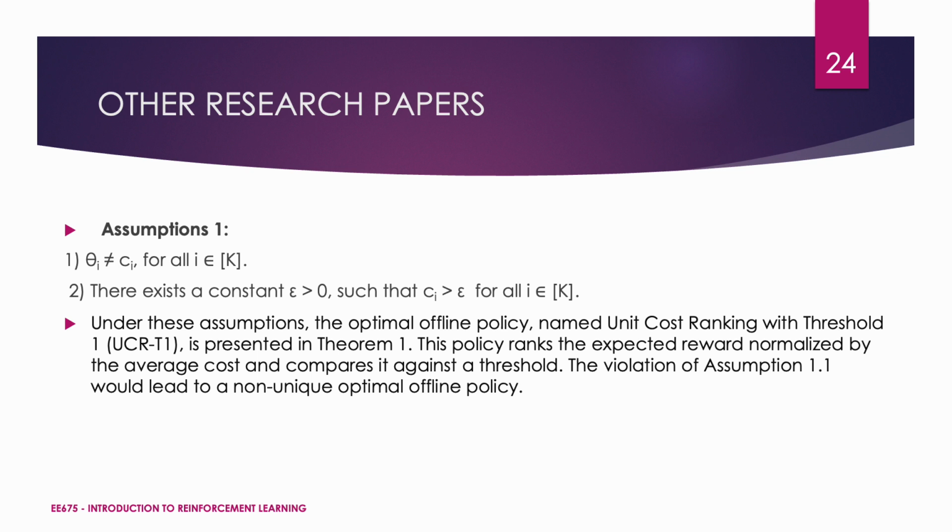This policy ranks the expected reward normalized by the average cost and compares it against a threshold. It's worth noting that the violation of the first assumption would lead to a non-unique optimal offline policy, highlighting the importance of these assumptions in the framework.